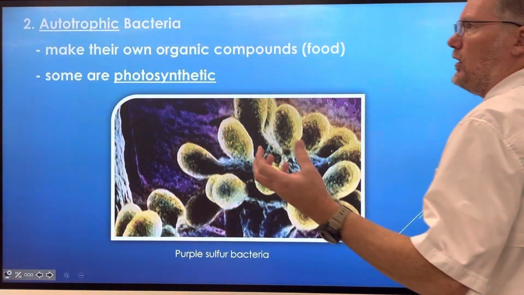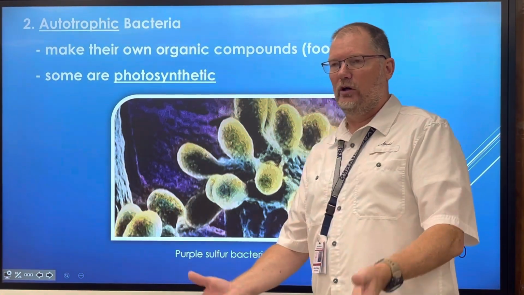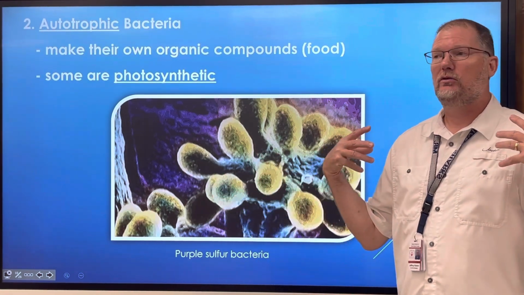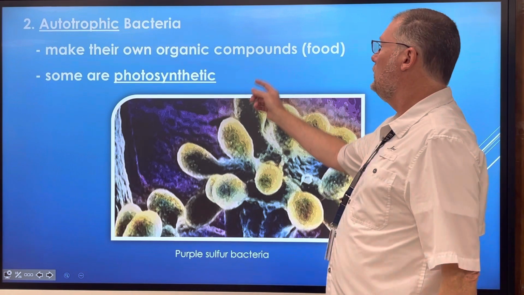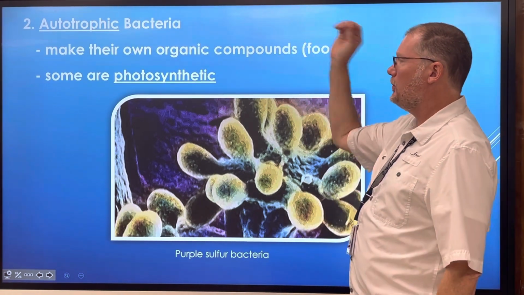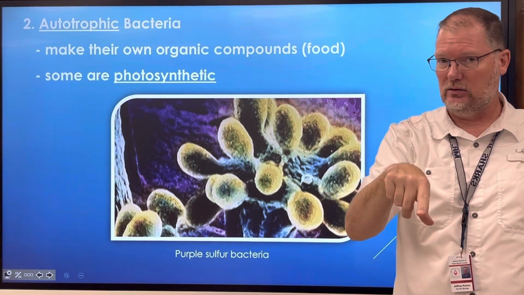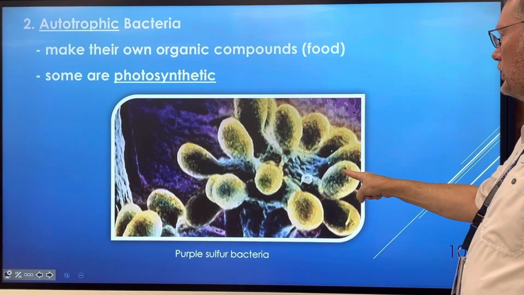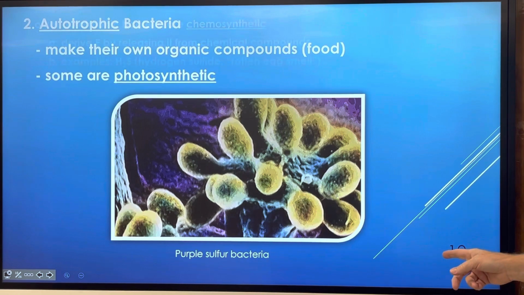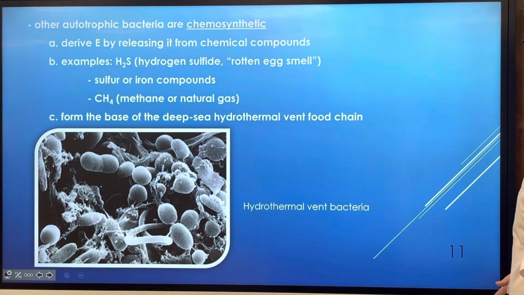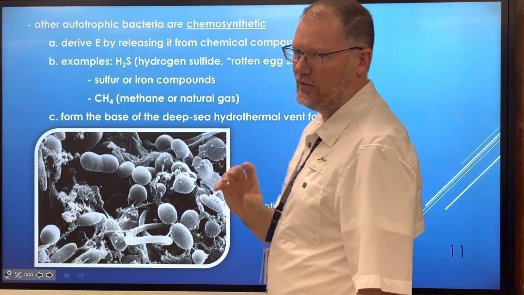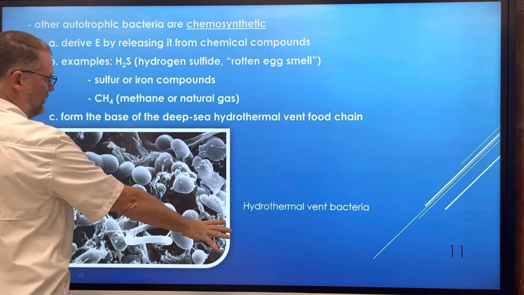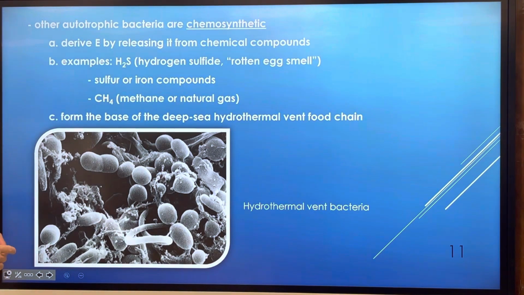Autotrophic bacteria, just like autotrophic organisms in terrestrial environments, like plants, autotroph means to make your own food, right? So they make their own organic compounds. Some are photosynthetic, like I said. Well, actually, no, not these. Purple sulfur bacteria would be chemosynthetic, I believe. Maybe not, though. And these are definitely chemosynthetic. Hydrothermal vent bacteria.